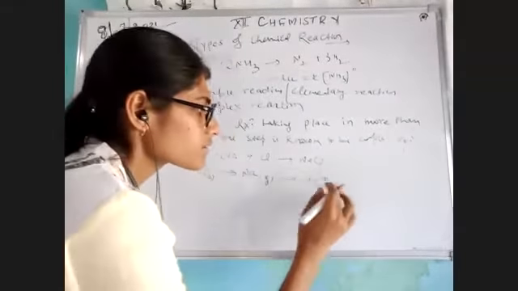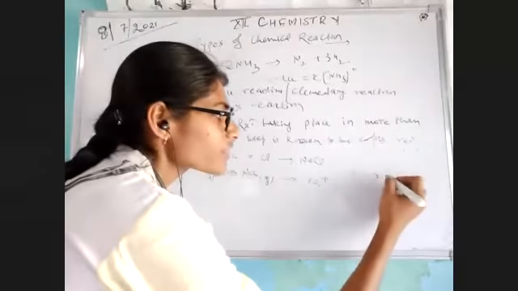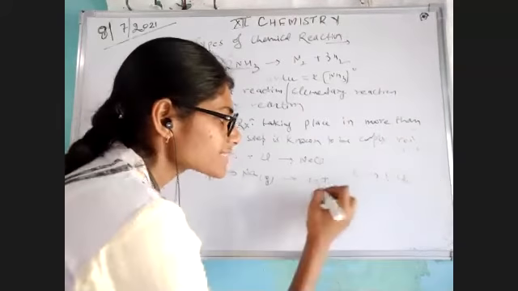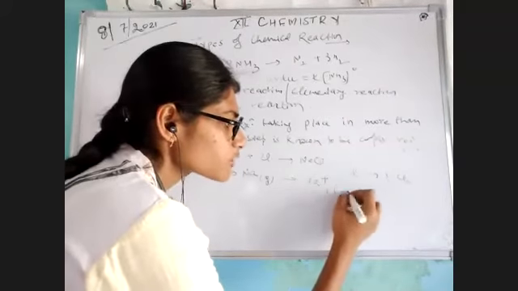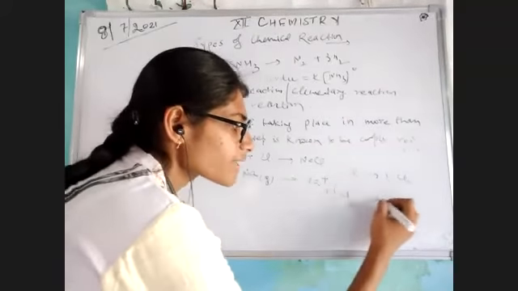Then my chlorine would make half Cl2. This Na positive plus half Cl2 would react to make NaCl. So in short, this reaction is taking place in multiple steps. That particular reaction which takes place in more than one step is known to be complex reaction.